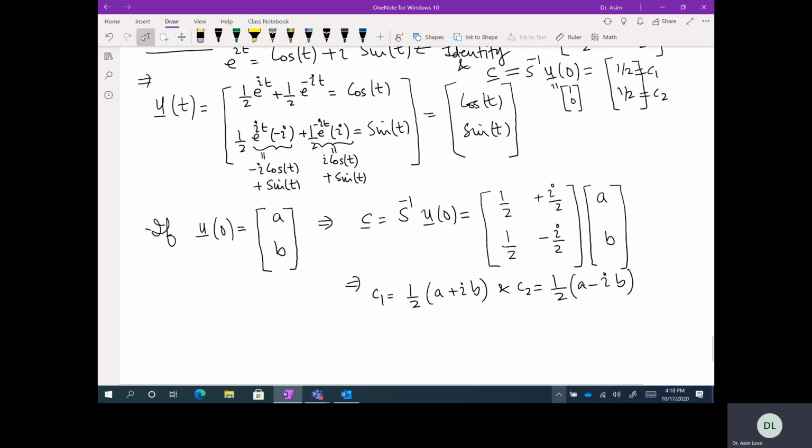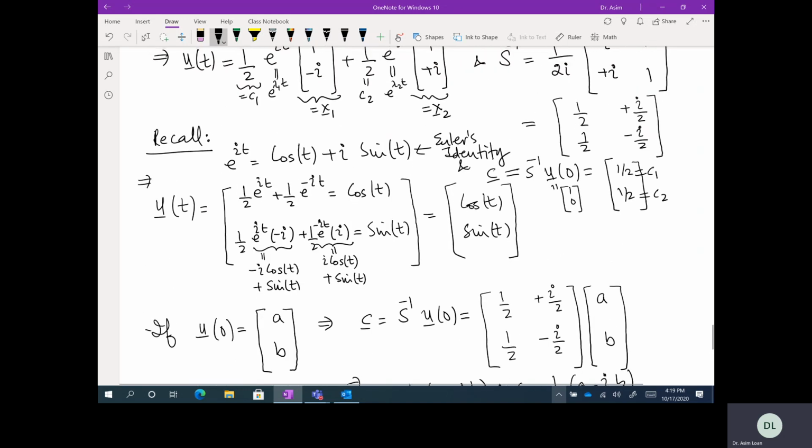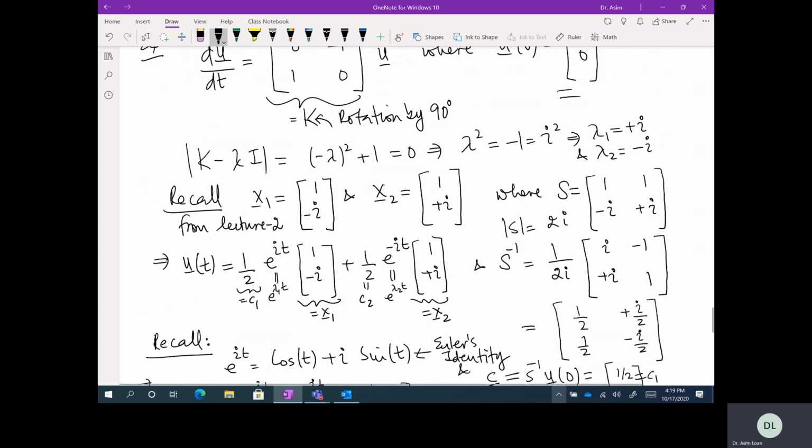So U of t is half A plus iota B into e iota t into 1 minus iota, plus half A minus iota B into e minus iota t into 1 plus iota, right?